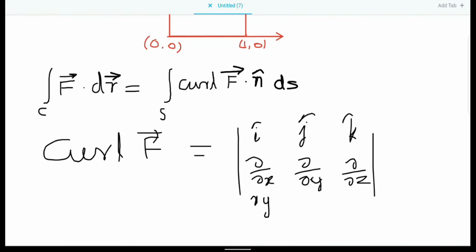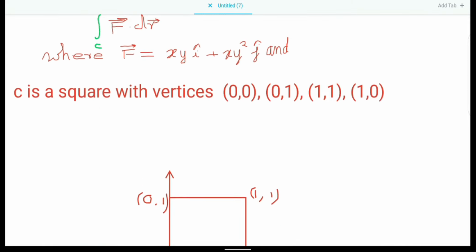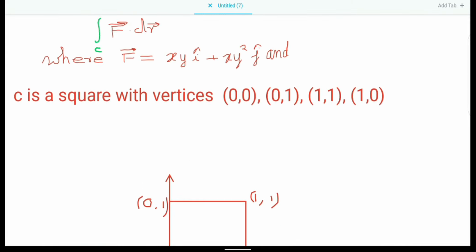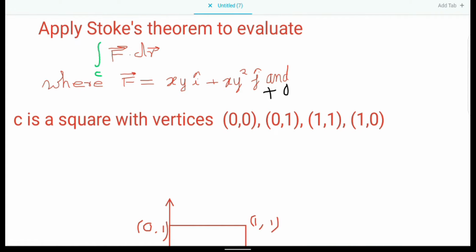What about the z component? We can simply write it as plus 0k. So the z component of the field is 0.